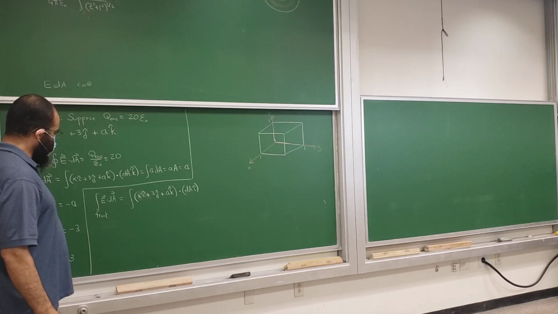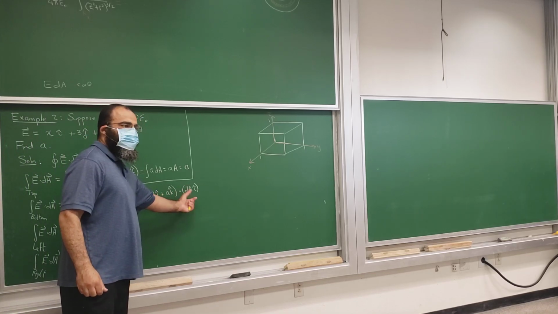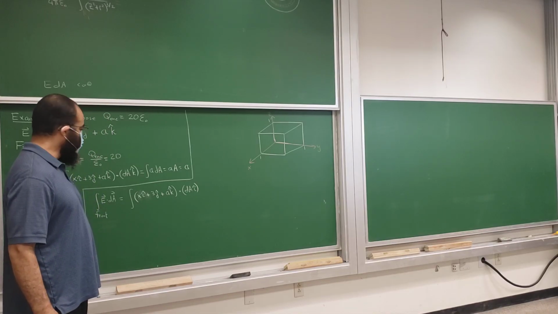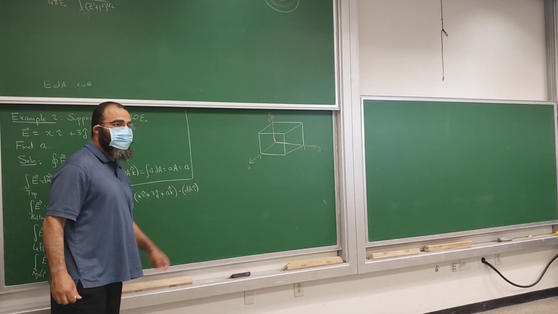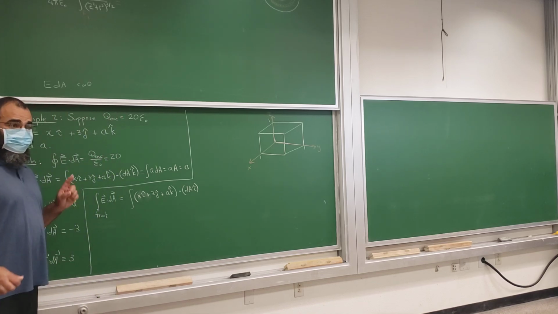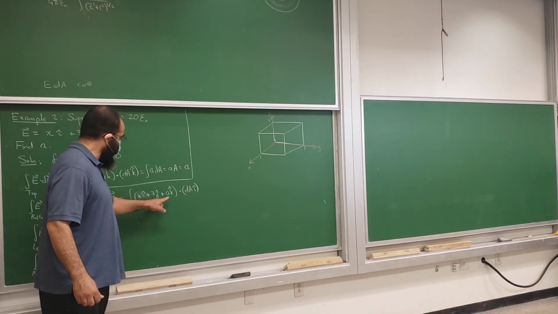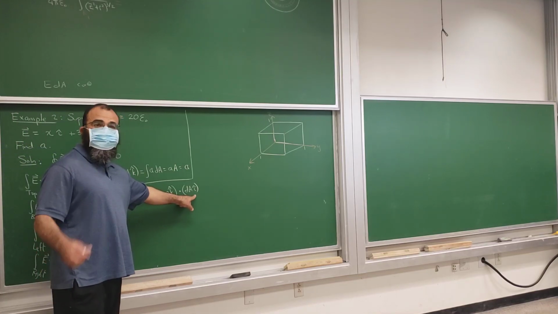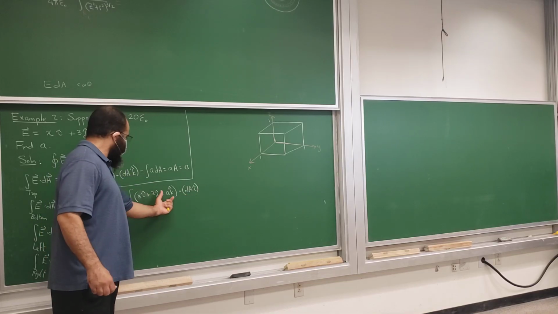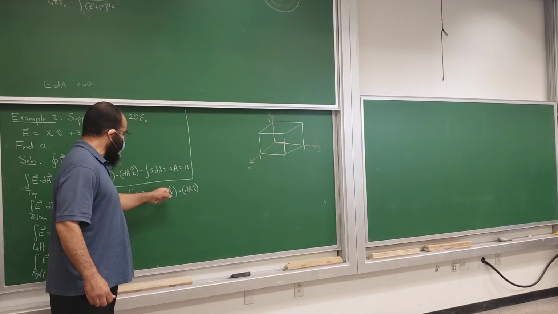So the dot product is x i hat dot dA i hat. What's i hat dot i hat? What is j hat dot i hat? 0. K hat dot i hat? 0. So these contribute nothing. And i hat dot i hat is 1, so you end up with just x times dA.